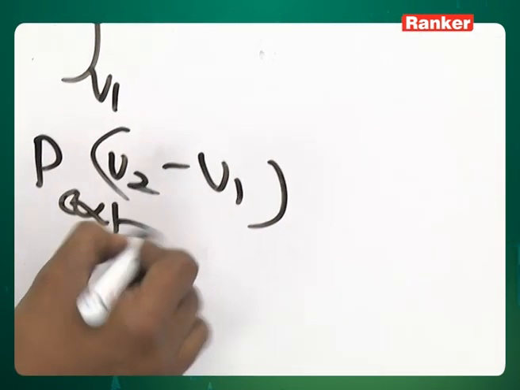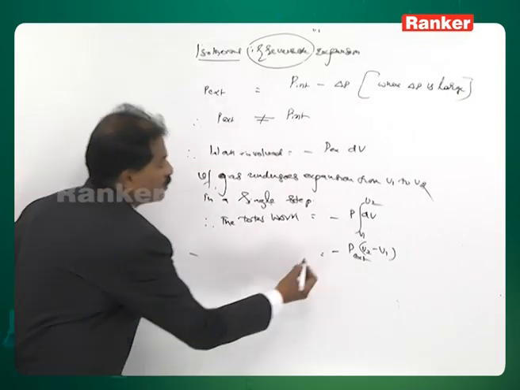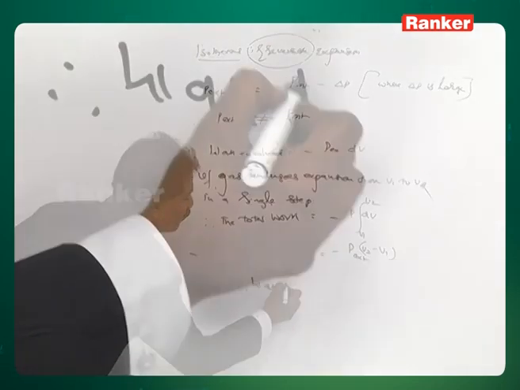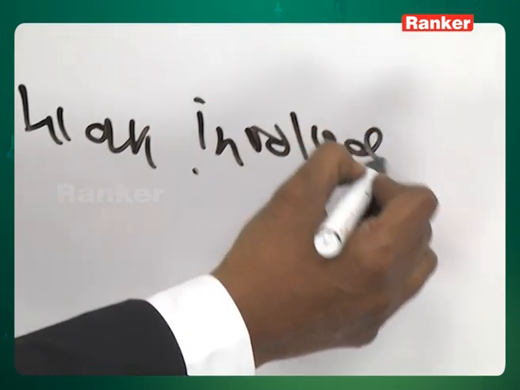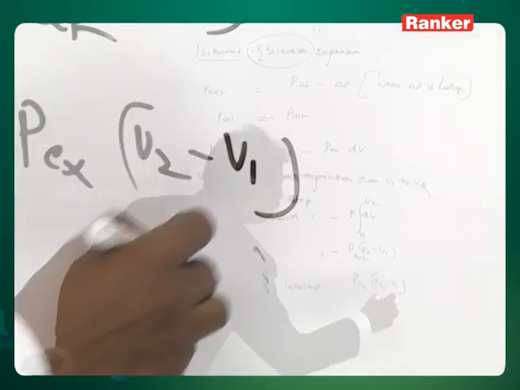Here this is P external. Therefore, the work involved is equal to minus P external V2 minus V1.